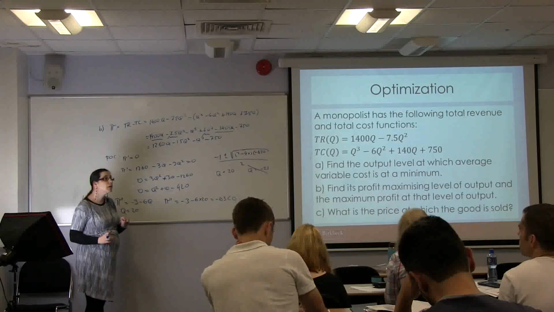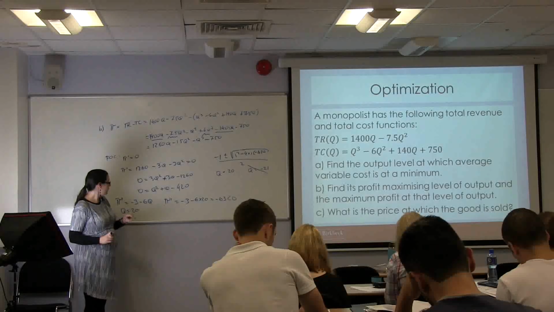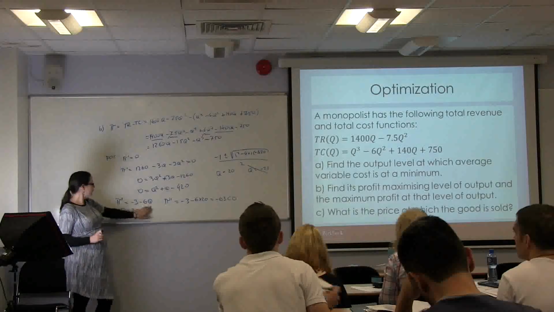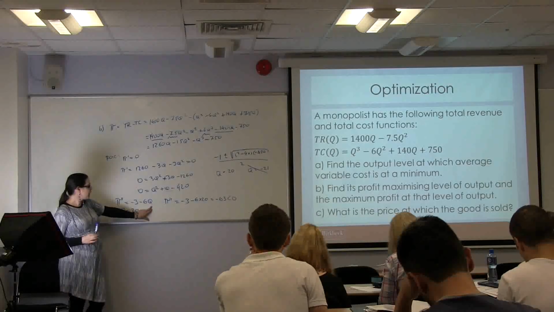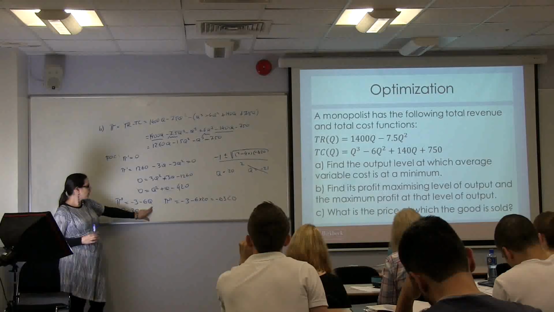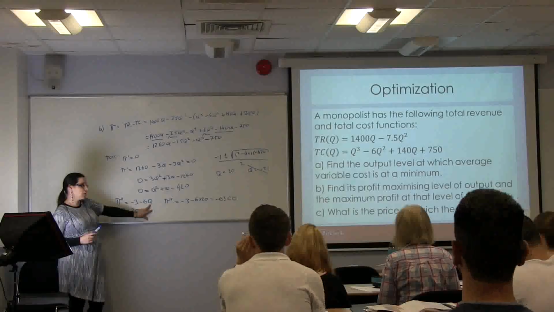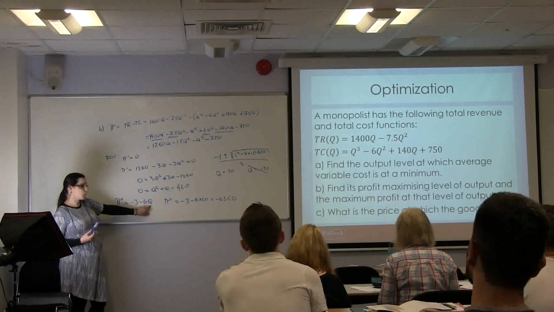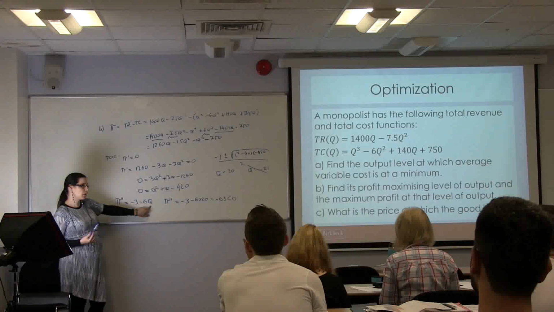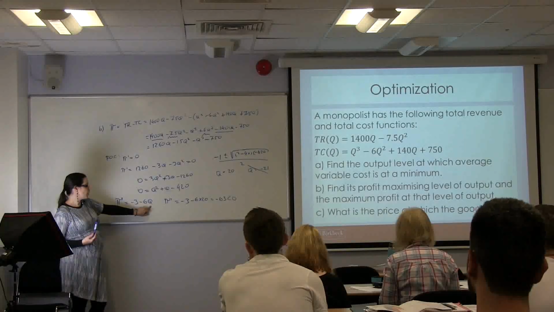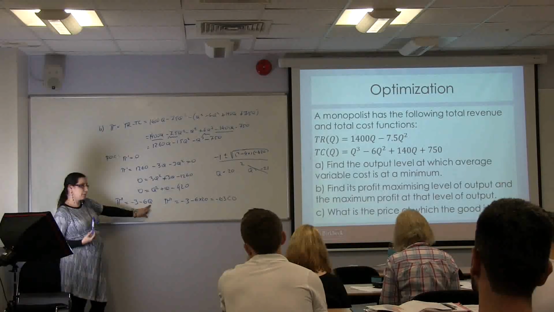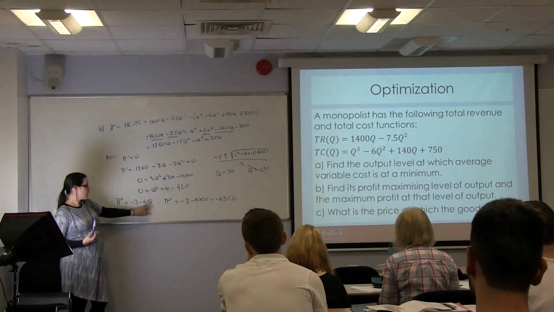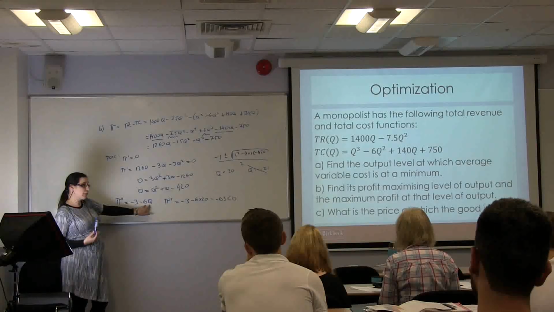Would there be a global maximum even if it wasn't there? Okay, can I find any Q values which would change the sign of this one? So if Q is negative, that would become positive.